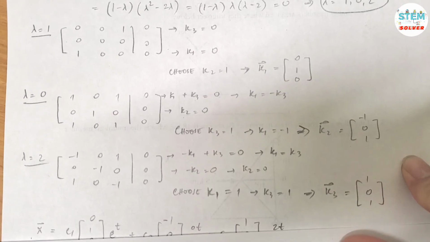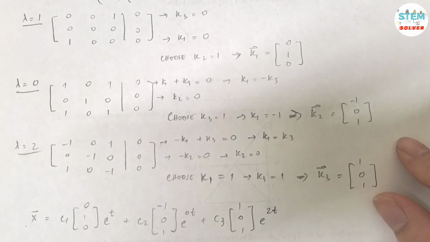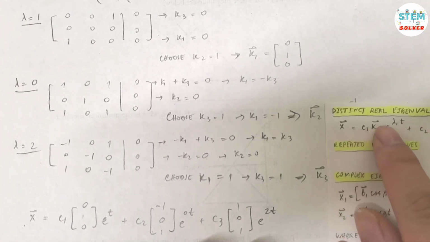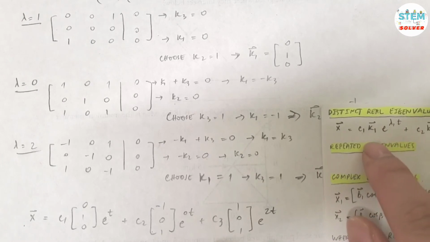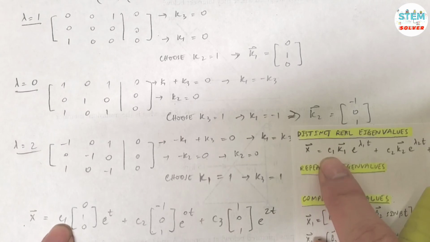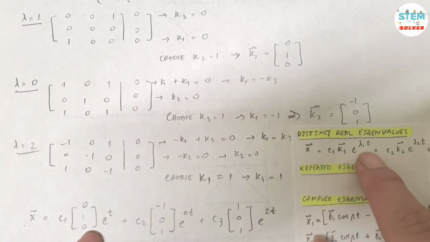Now let's go to the final step, which is the most important step here, which is writing your final answer. Because you have 3 distinct real eigenvalues, your final solution will be written in this form. Vector x equals c1 times k1, which is this one, times e to the lambda 1 t.